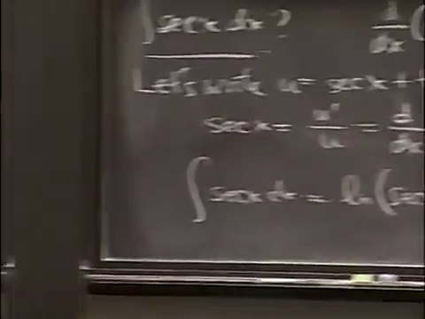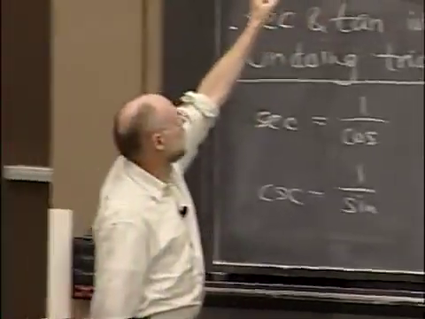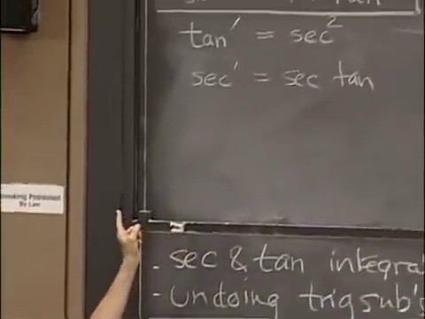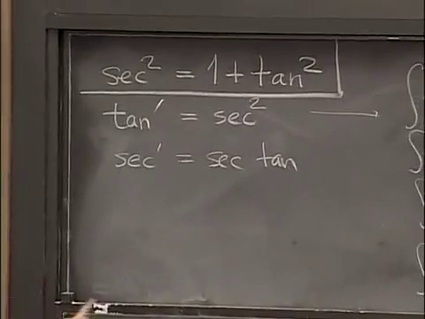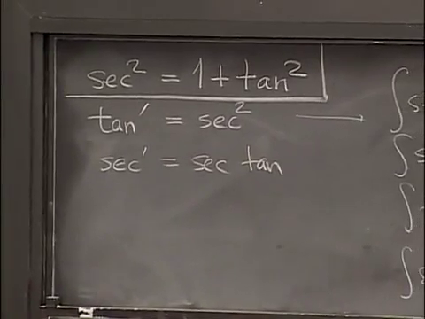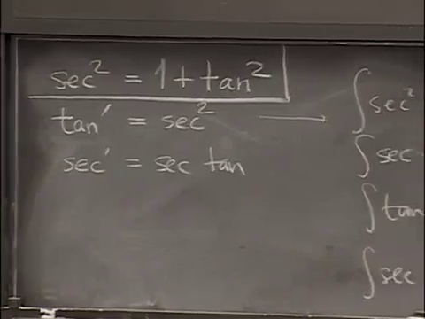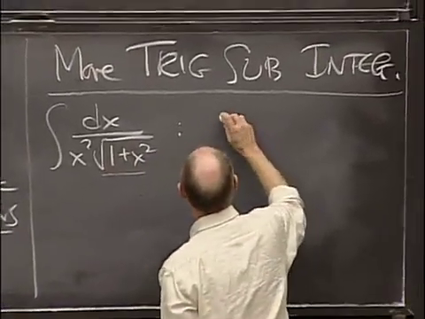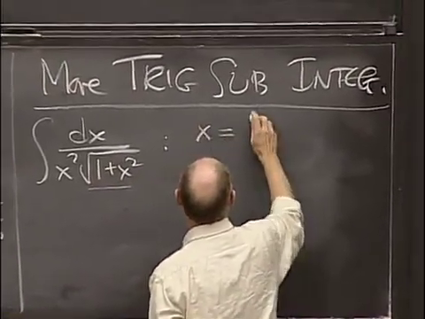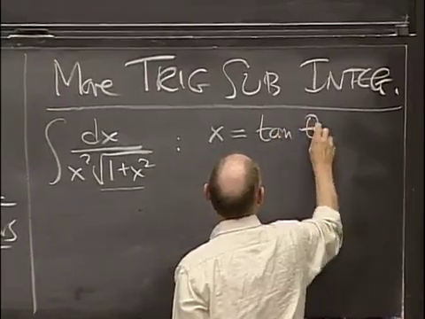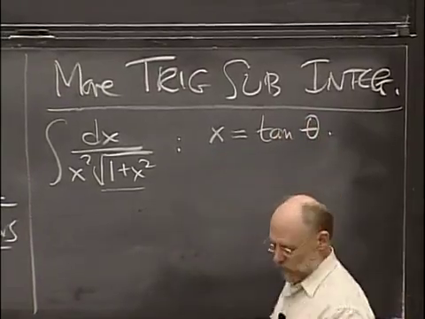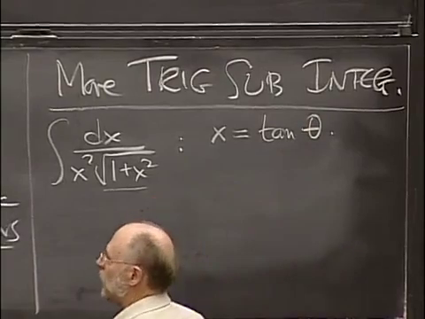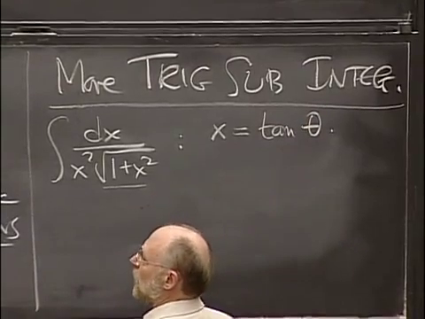So there is an example of a way to write 1 plus something squared in a different way. And it's right up there. Secant squared is 1 plus tangent squared. So I want to use that idea. And when I see this form, that suggests that we make a trig substitution and write x as the tangent of some new variable, which you might as well call theta, because it's like an angle.